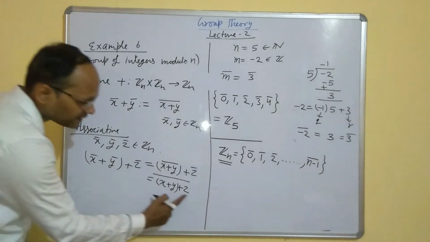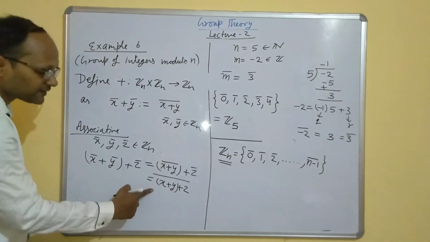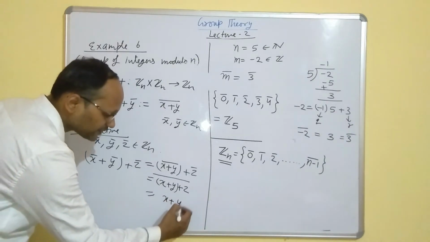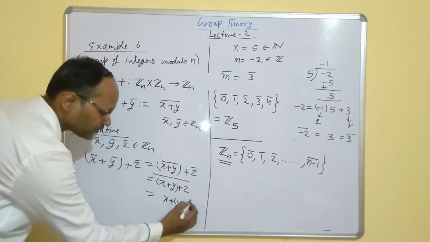Now this is the addition of integers, which is associative, so we can write it as x plus y plus z whole bar.